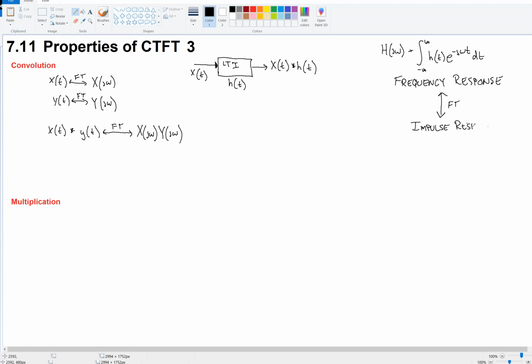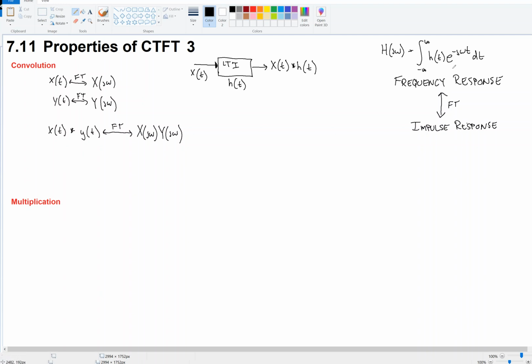We said all these good things in the first half of class about impulse response, how it tells us everything we need to know about a linear time-invariant system, and it turns out its frequency response also tells us everything we need to know about the linear time-invariant system, being that there's a one-to-one relationship between a signal and its Fourier transform.